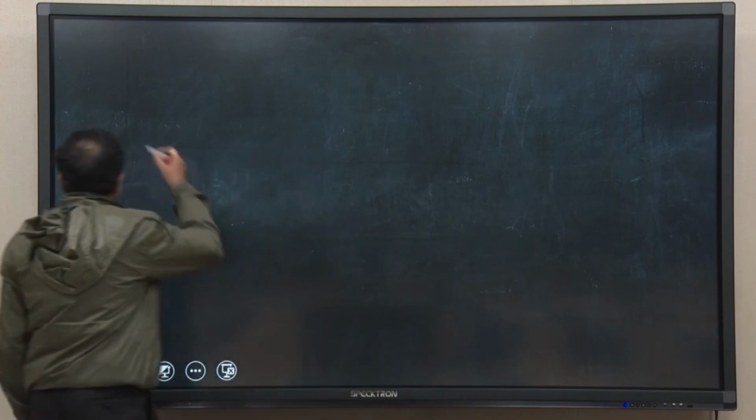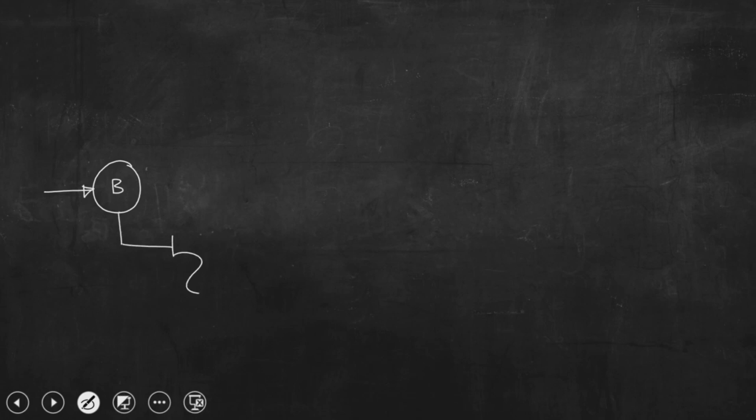So, if we try to draw the schematic depiction of the plant, so this is boiler, a very simple one that we have discussed several times.